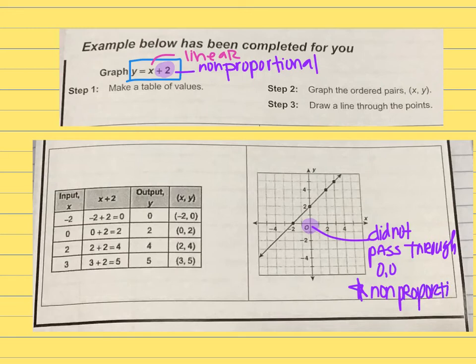It does make a straight line. And that's because there was no exponent with the variable. So this is linear for sure. And linear just means it's straight.